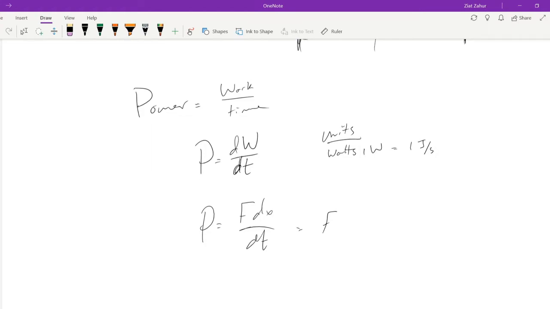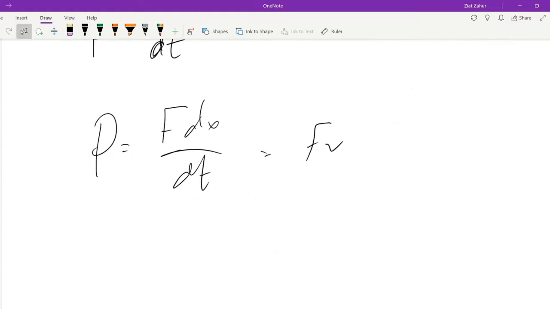Oops, FV. This is interesting in that it assumes a constant force is being applied, and you have a nice constant V. A constant force with a constant V.